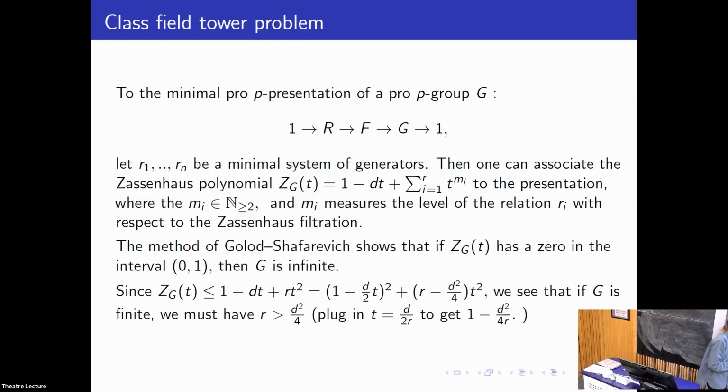Then we complete the square and we get this. If G is finite, we must have that the number of relations r is greater than d squared over 4. Because if you plug in d over 2r, you get this, and then you see the inequality. This gives you a relation between how large the number of relations must be compared to the generators. This is the classical Golod-Shafarevich theorem.